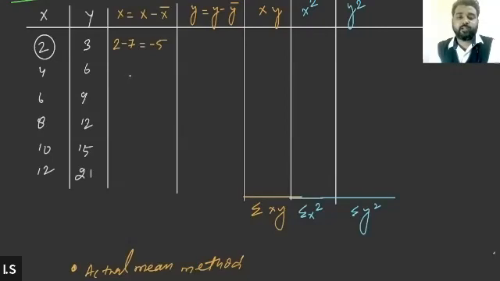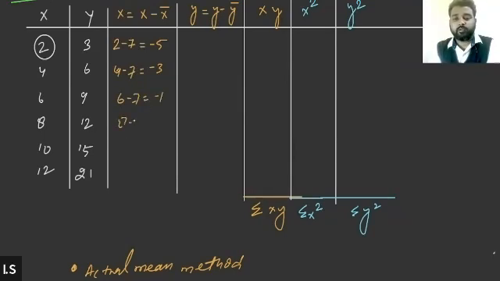Then again, we will subtract 7 from 4. So 4 minus 7 will be minus 3. Then 6 minus 7, minus 1.